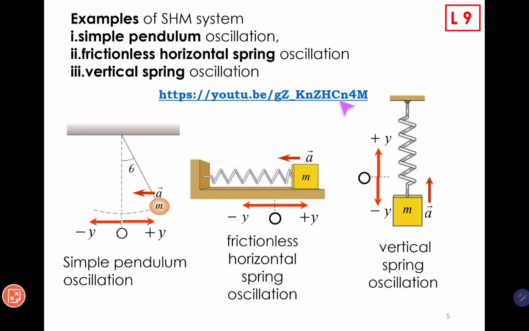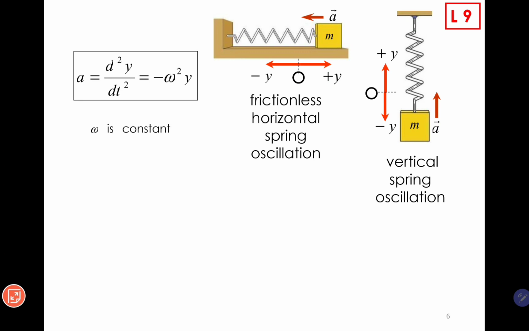Okay, how does it function? The equation here is a equals negative omega squared y, or d squared y over dt squared.